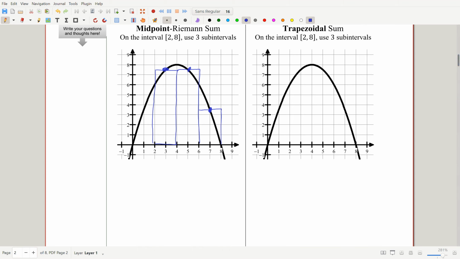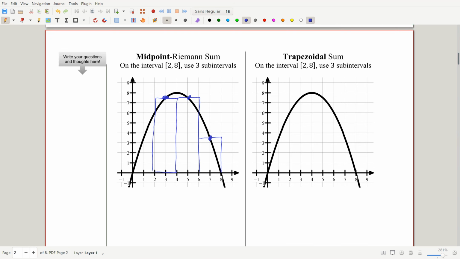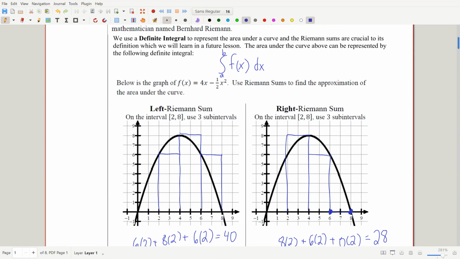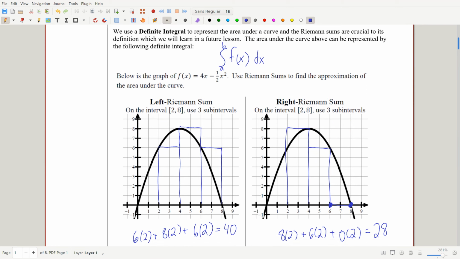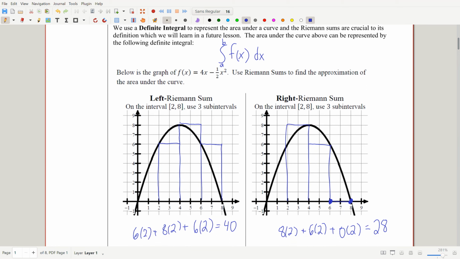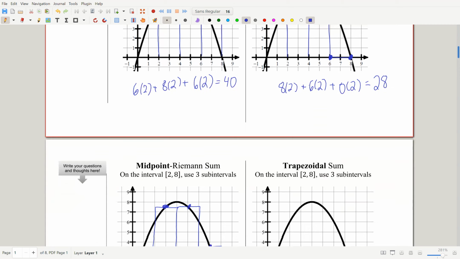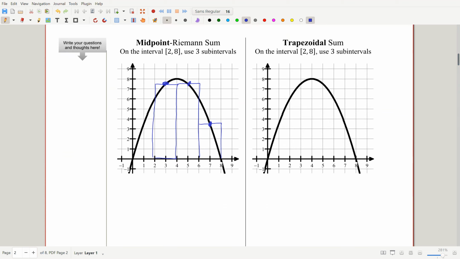So if you take a look back at what our function is, they do look pretty close to the middle, right? Our function is 4x minus 1/2 x squared. That's kind of telling us, if you plug a whole number in there, your fraction is going to have a denominator of 2, because this is going to be a whole number minus something over 2. So those are, in fact, right in the middle. These are exact values.